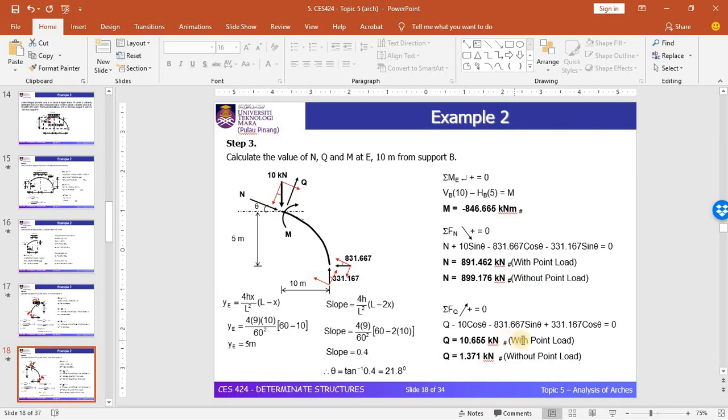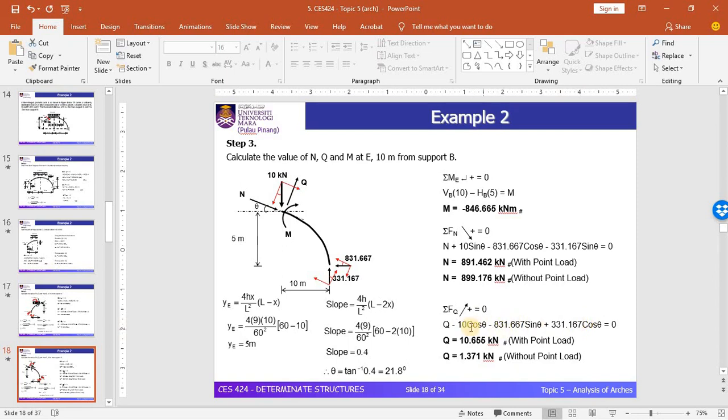You need to calculate based on the two cases, with point load and without point load. This is based on with point load. You can see that this is the term for the component of the 10 kN point load, the component from the horizontal direction and the component from the vertical direction.